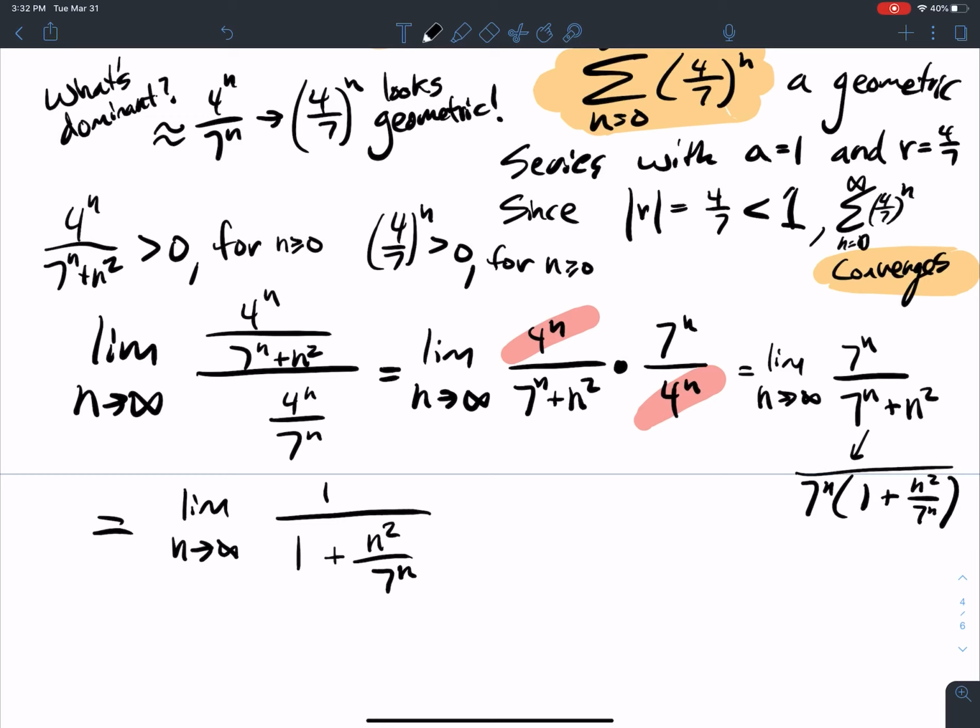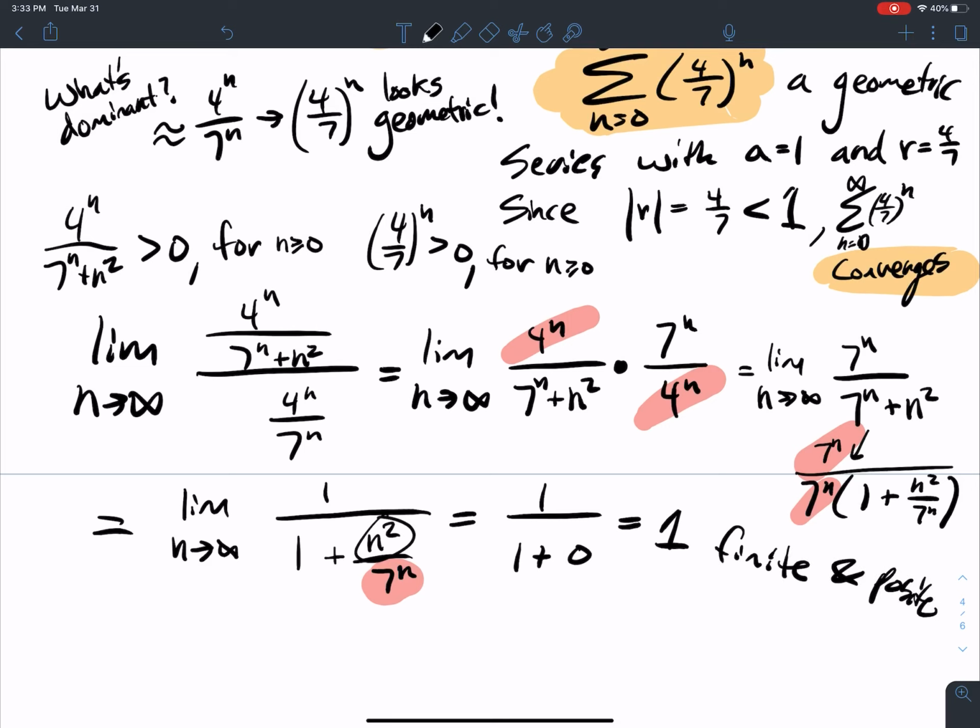Then the 7 to the n's cancel each other. Now when I take the limit, I get 1 over 1 plus, well, who's going to dominate here? The 7 to the n is growing faster than the n squared, so this term goes to 0 as n goes to infinity. And so I get 1, which is finite and positive.